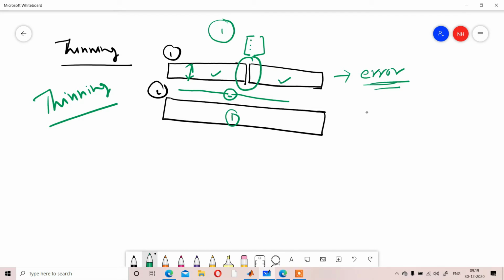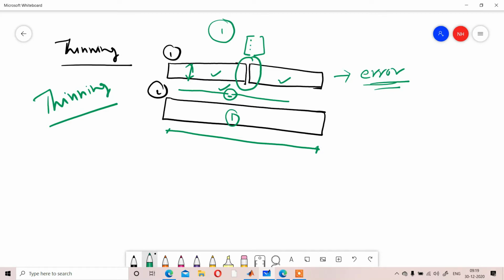That is the importance of thinning. If we do the thinning here, you will get a direct straight line of suppose 2 or 3 pixels. So if you do the thinning, you can easily understand whether there is a connection or not. So that is the importance of thinning.